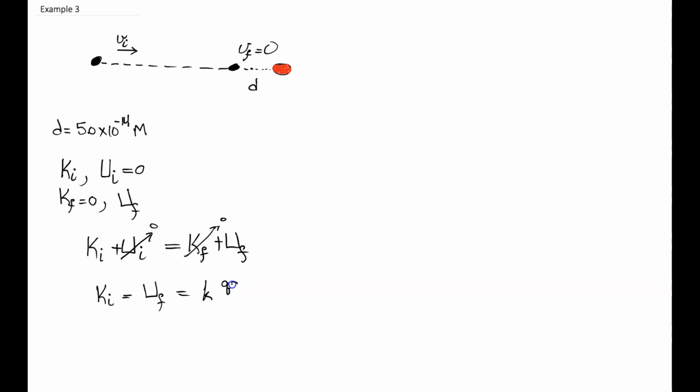Q1 Q2 over R. If you remember from our 203, K was 8.99 times 10 to the 9th newton meter squared per coulomb squared. The first charge is an alpha particle, so it's 2 times 1.6 times 10 to the negative 19 coulombs.